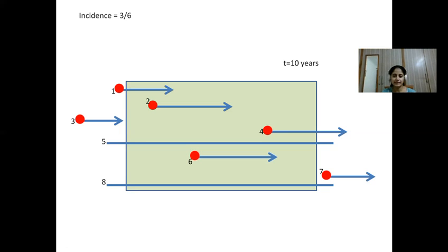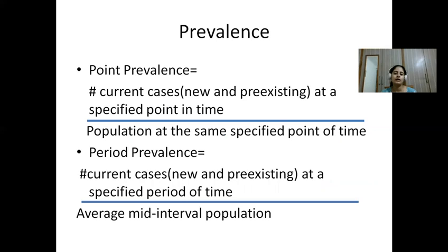Please note that incidence is a dynamic figure and it varies with impact of prevention programs, varies with environmental factors. So it gives you the trend of the disease and it also gives us the impact of prevention activities on the disease. So coming to the next term, that is prevalence. Prevalence was represented by water standing in the tank, representing the disease burden that is already there in the population. It is of two types.